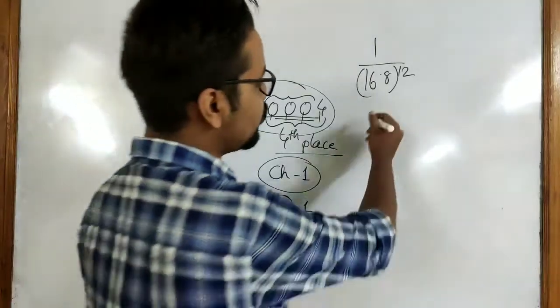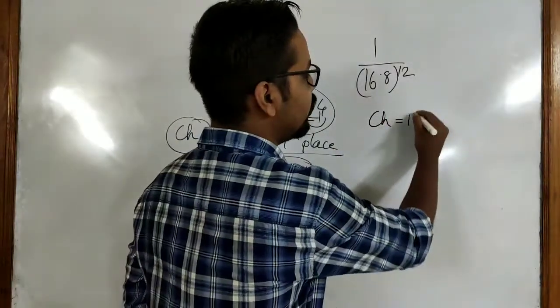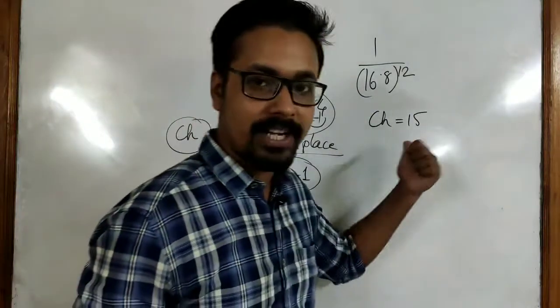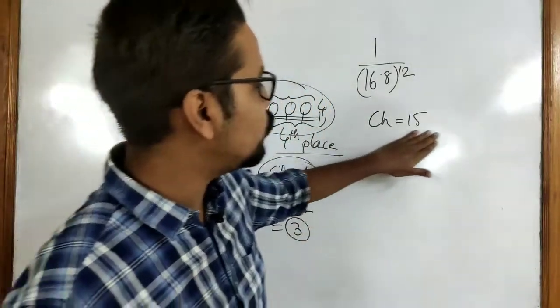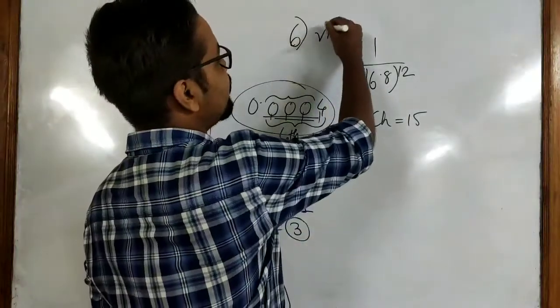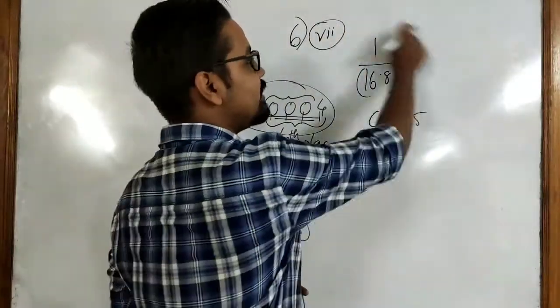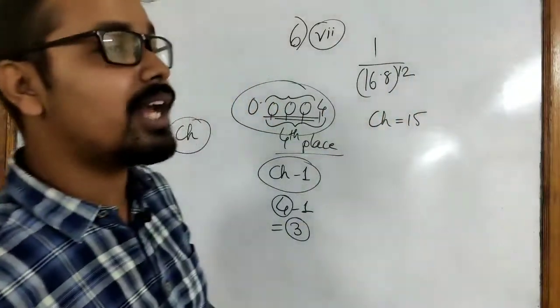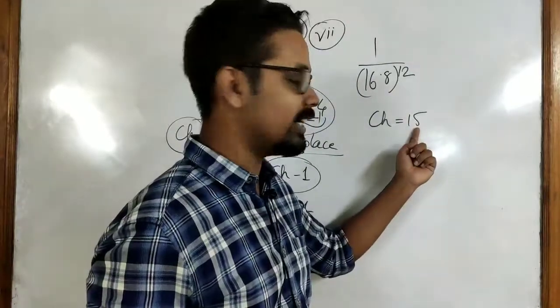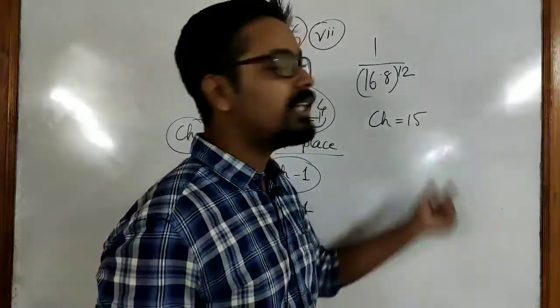If you go back to my previous video, that is part 2 of applications of common logarithm, you will find the sum itself, where we were asked to find zeros. We subtracted 1 from the characteristic and we got the answer as 14.